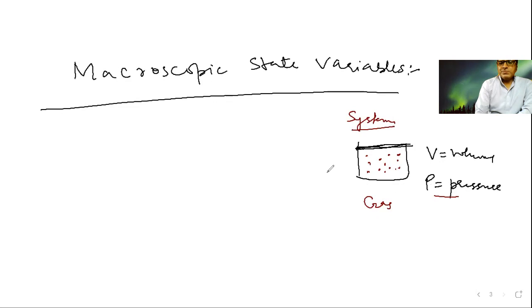I repeat, I have a system comprising of a gas which is kept at pressure P and which occupies volume V. Inside this, there are gas molecules moving in different directions, colliding with each other and the walls of the container.